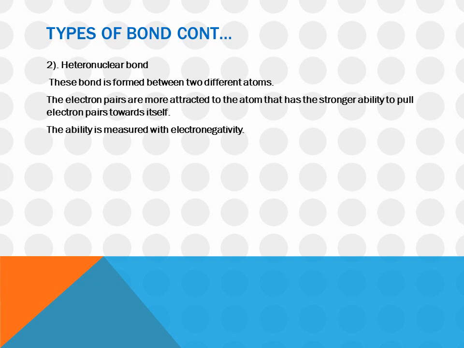Next example, we have a heteronuclear bond. This bond is formed between two different atoms. The electron pairs are more attracted to the atom that has the strong ability to pull electron pairs towards itself. The ability is measured with electronegativity.